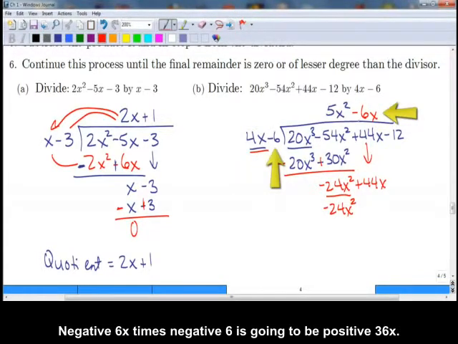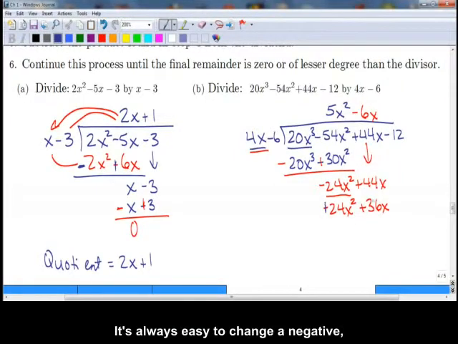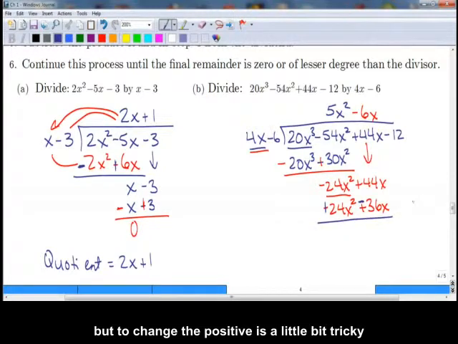Negative 6x times negative 6 is going to be positive 36x. And this is where we would need to be careful as far as changing our signs go. It's always easy to change a negative, but to change the positives is a little bit more tricky if you don't have different colors. So negative 24 plus 24 is going to be 0. 44 minus 36 is going to give us an 8x.